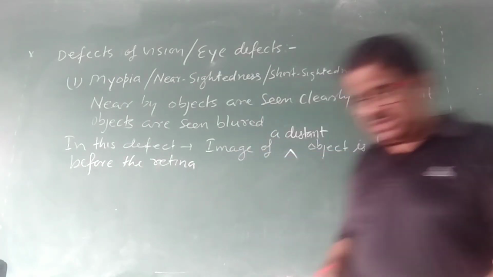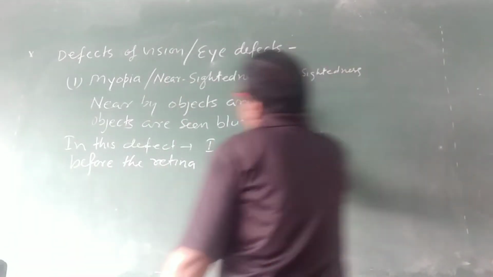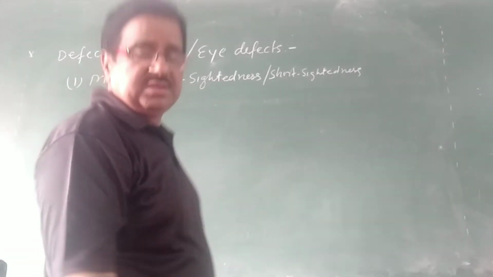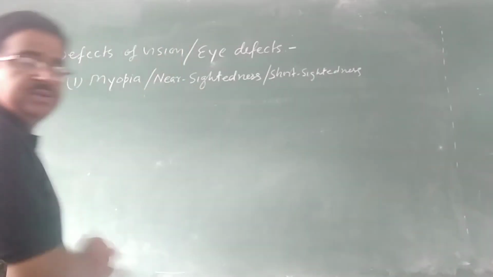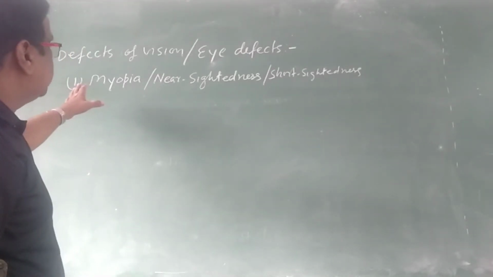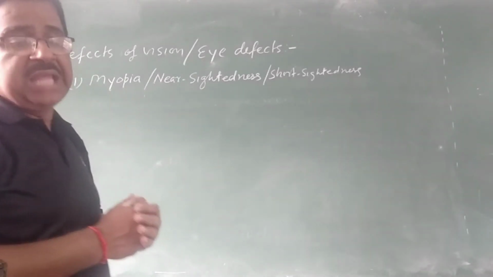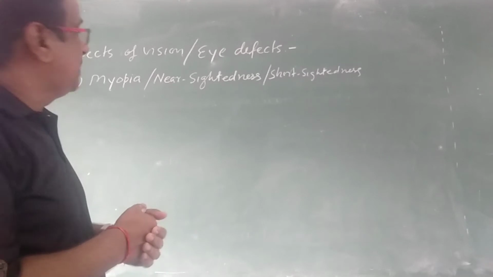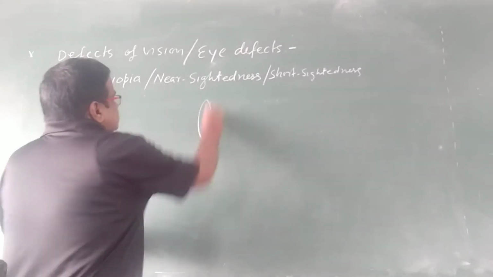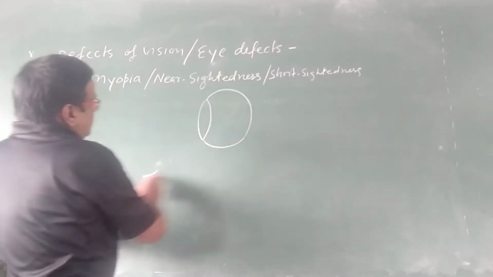I am showing you in the diagram also. If the eye is defective with myopia, then that eye is known as a myopic eye. We can see this is our eyeball, lens and retina.